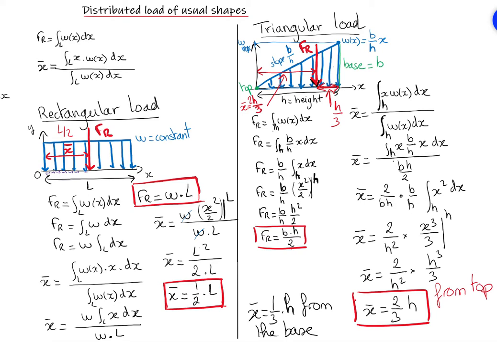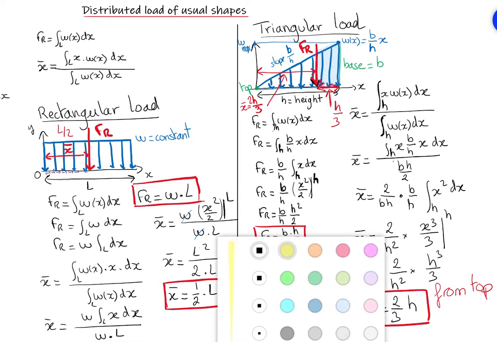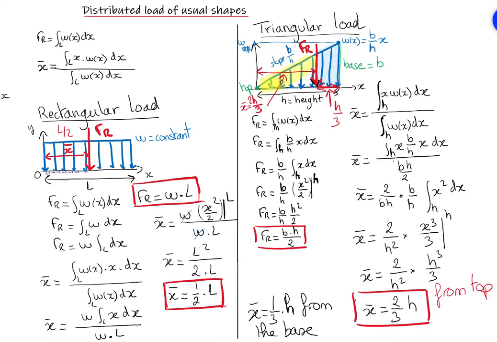And think that what we have there, let's use this highlighter. What it means is that we have the same area with this load as with this load. We have cut the distributed load into the exact same area. So that's where the location of the resultant force is.